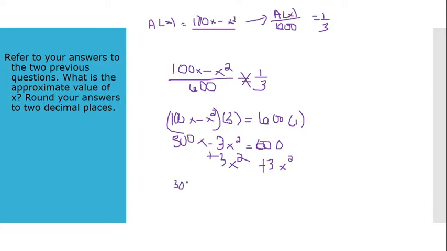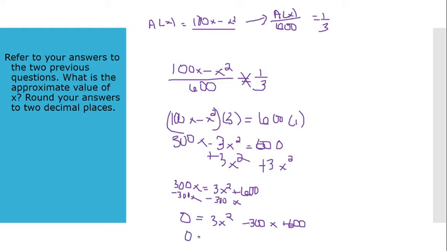So I now have 300x equals 3x squared plus 600. And then subtract my 300x so that I have everything on the same side. So I get 0 equals 3x squared minus 300x plus 600. Now, I need to know if I can factor this or not. The first thing I'm going to do is take out my GCF.